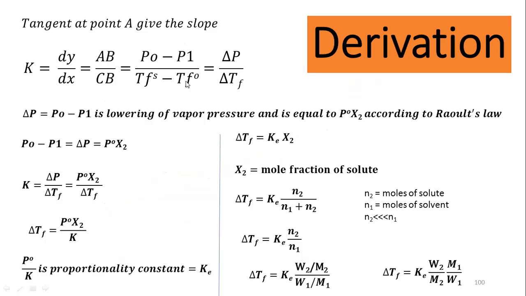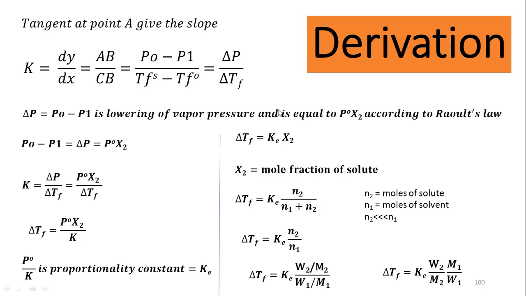So you can replace over here TF naught minus TFS, higher minus lower, the depression in the freezing point, and delta P divided by delta TF. Delta P is the difference in the vapor pressure of the pure solvent and the solution, and delta TF is the depression, or the change in the temperature of the freezing point, between the pure solvent and the solution.